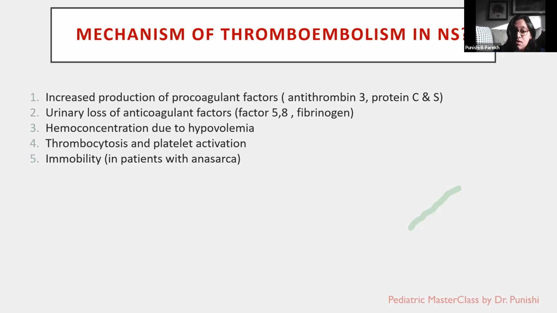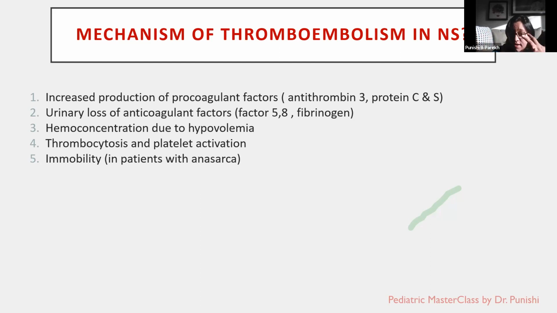That's one reason. Along with that, they have hemoconcentration, like I said, because of the reduced intravascular fluid volume or hypovolemia. When you have hemoconcentration, it causes sluggish blood flow, the blood getting more stagnated, and an increased risk of thrombosis.